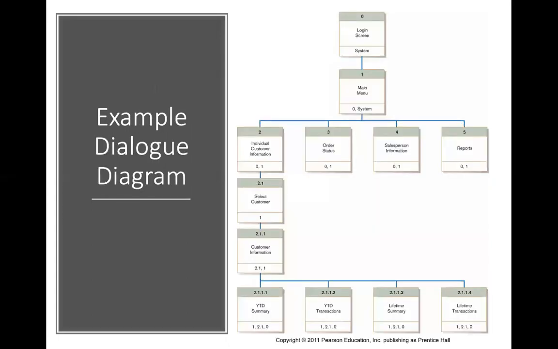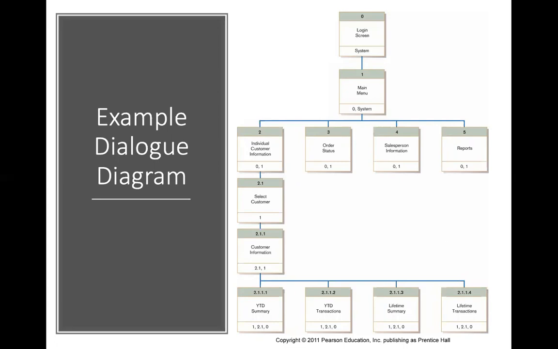So here we have an example dialogue diagram. You can see the login screen at the top has a 0 because it is our first screen. We have a name or description display in the middle, the login screen, and then the reference number of the return displays. In this case, it's just the symbol because it's the first screen.